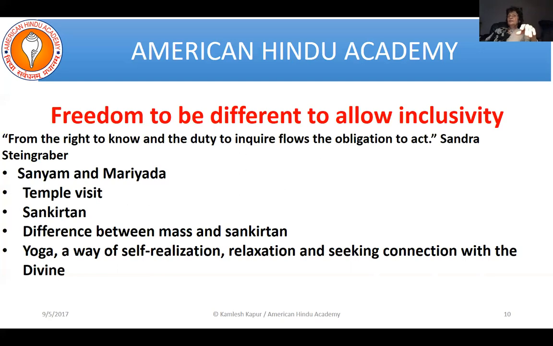Then yoga, a way of self-realization, relaxation, seeking connection with the divine. All of this is Hindu Dharma as a way of life. It does emanate from the conceptual and philosophical aspects of Hindu Dharma.